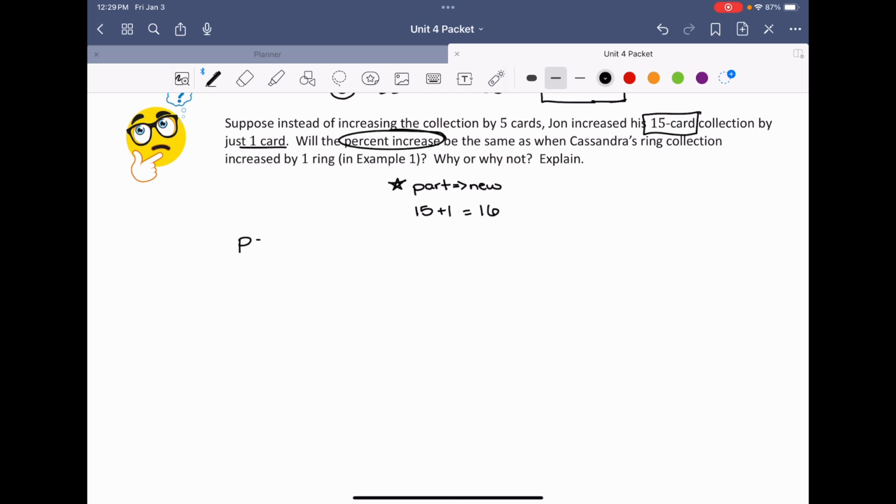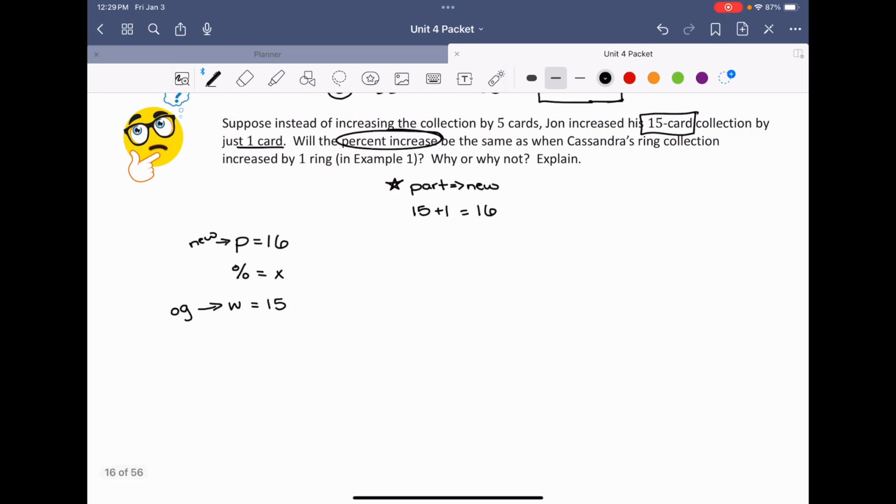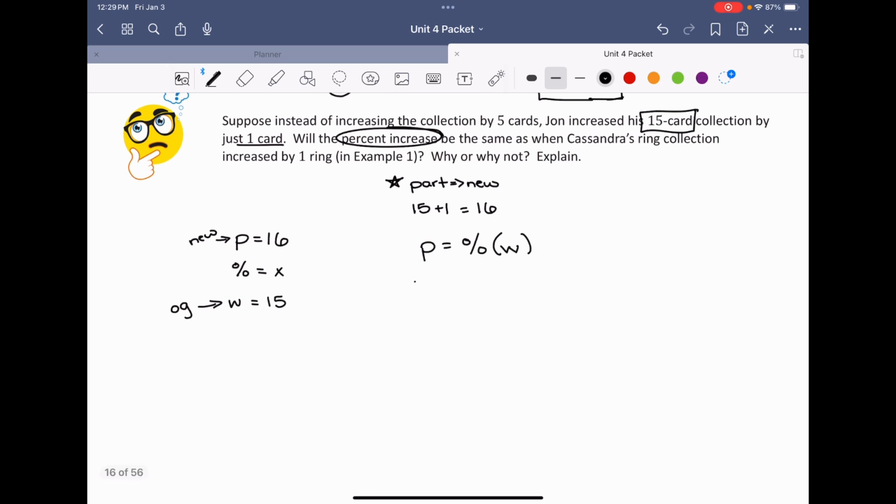So part equals 16. That's my new value, or new amount of cards. I'm finding the percent. And the whole is my original amount of 15 cards. So let's plug it in to our formula. 16 equals x times 15. And let's divide by 15 on both sides.